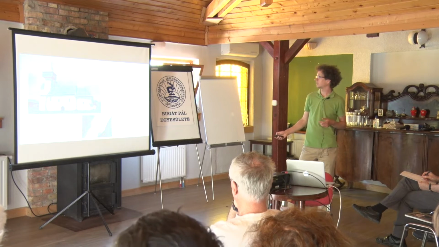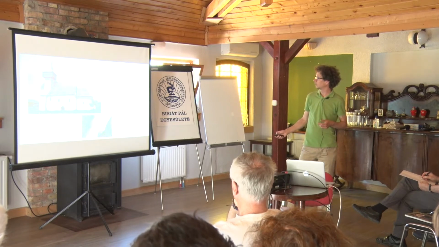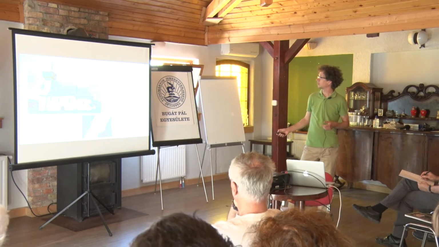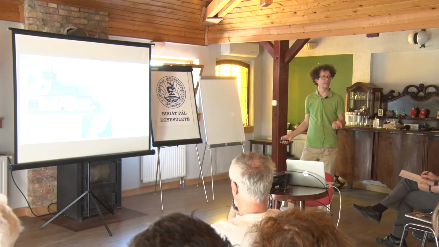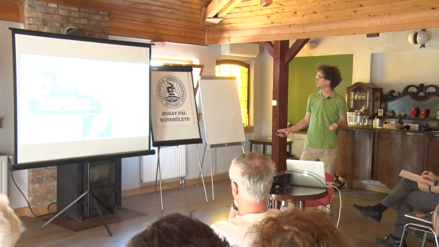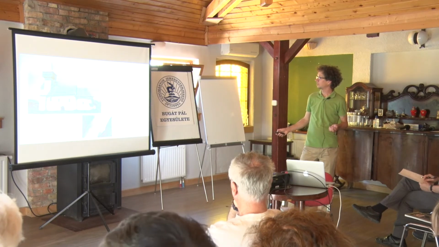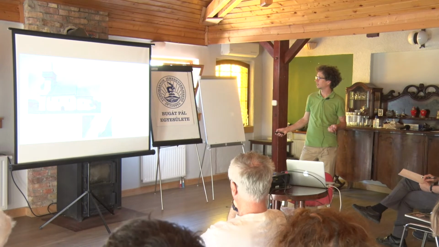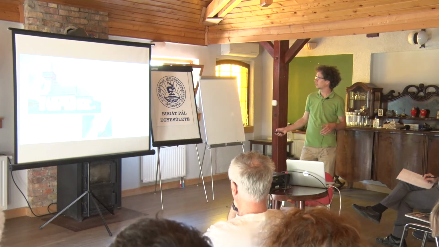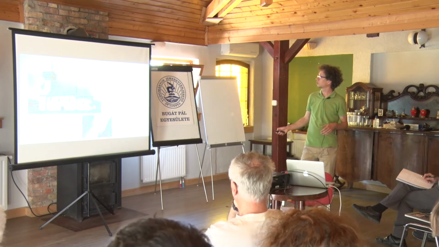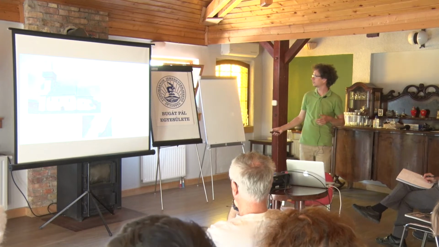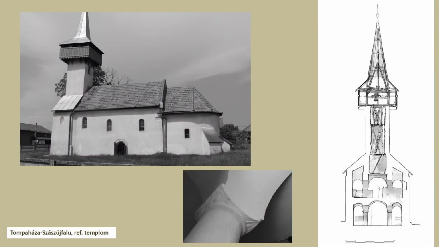This is in Transylvania, this new Reformed church. It can be seen, the geometry of the western part can be seen pretty well. There was a very strong change in the building phases above this level that I'm showing.